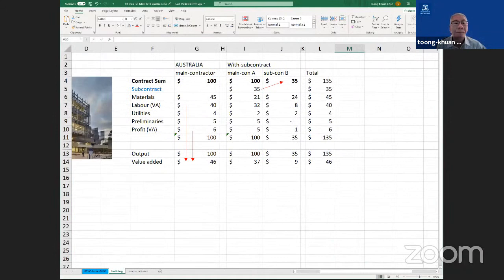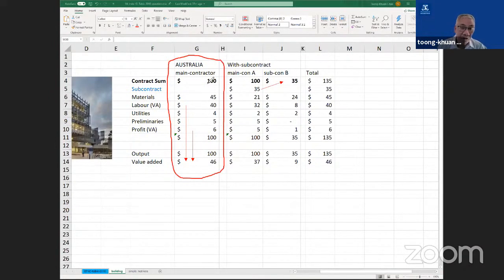I gave you an example of a building. The contract sum is 100 million, materials 45 million, labor 40 million, utilities, preliminaries, value add. So the total adds up to 100 million.